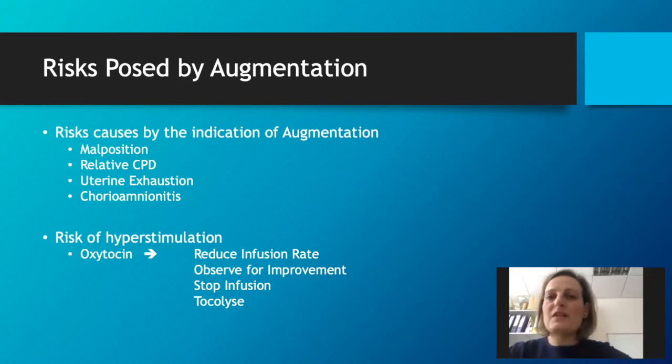This is especially important for multips. So if you are using oxytocin to induce or to augment in a multip, please bear in mind that most likely you need to stop it or to reduce it once they get to active phase.